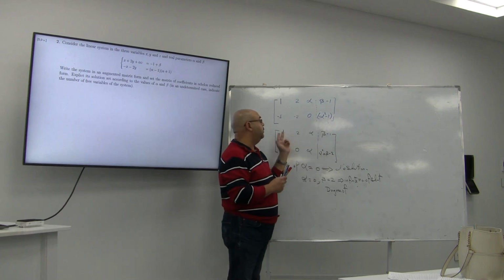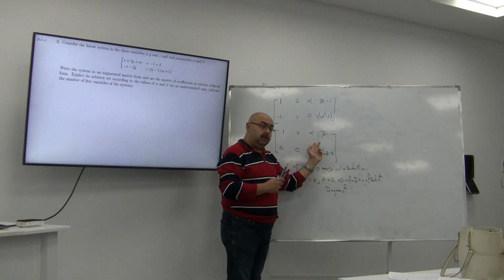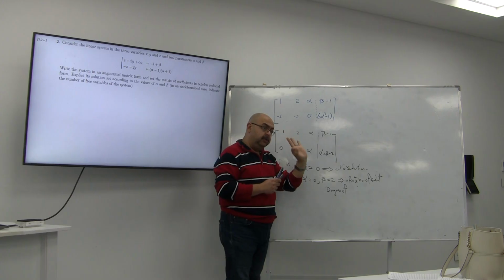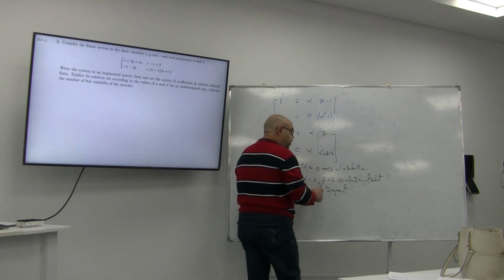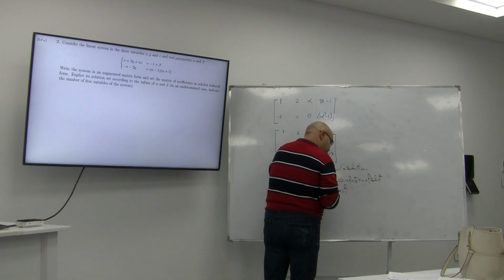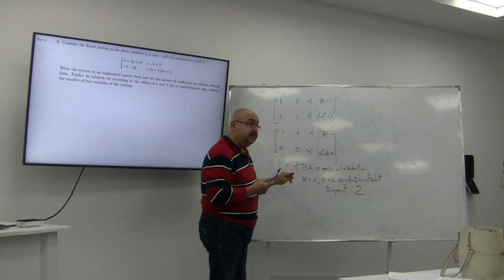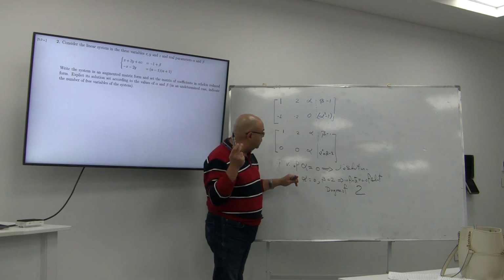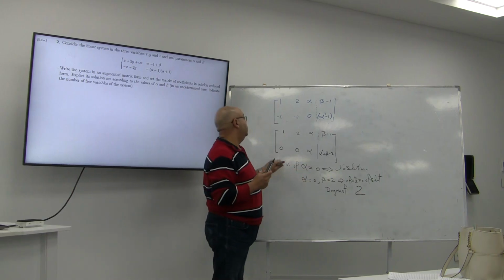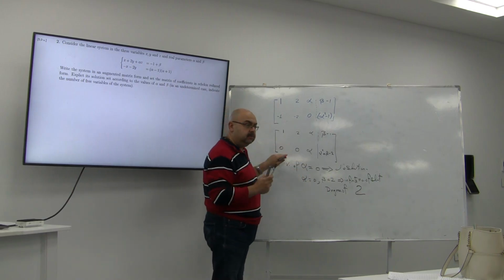So you will end up having only 1 equation in how many unknowns? 3. So the degree of freedom is 2. Yes, exactly right, because you have 1 equation in 3 unknowns.